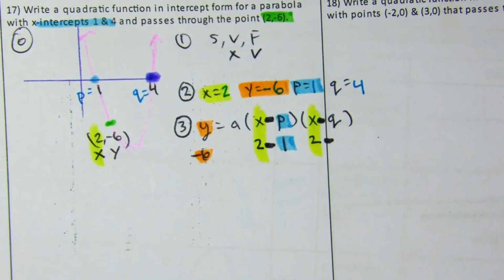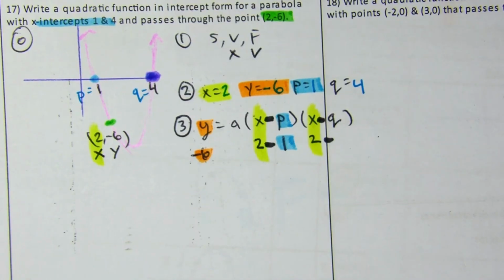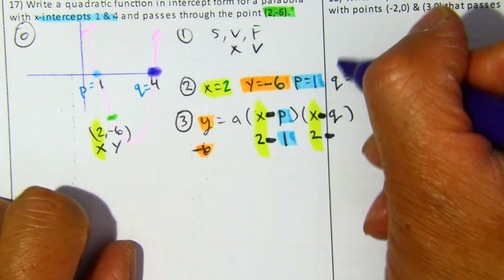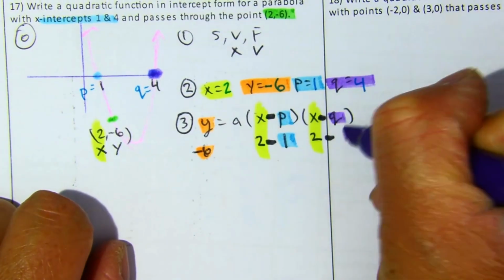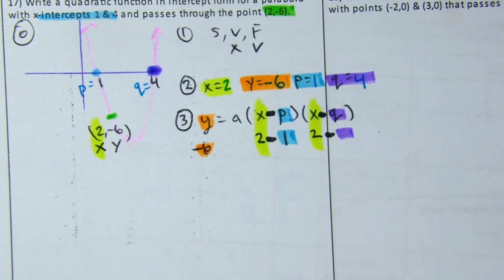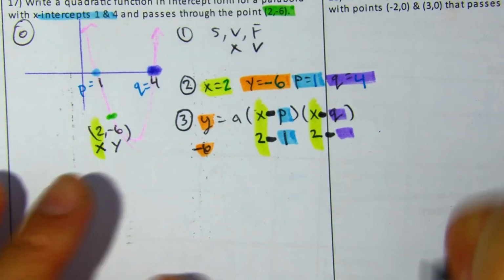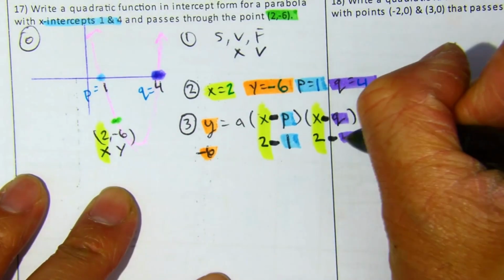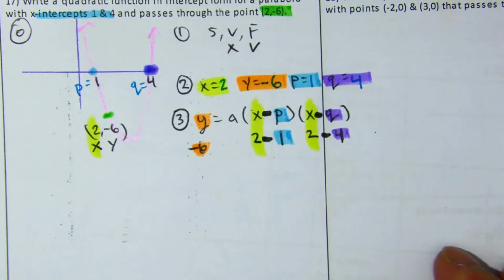And Q, how about pink? No, it said purple. Q is 4. I try not to use purple, it's too dark.